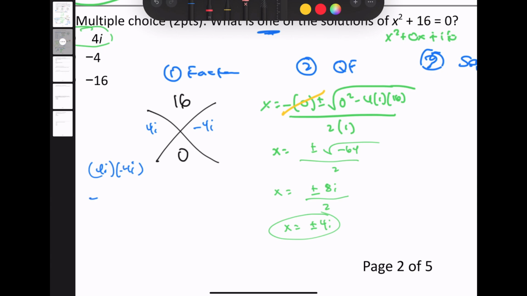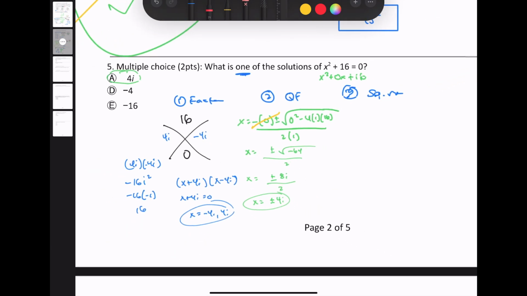So negative 4 times 4 is 16, and i times i is i squared. So that becomes positive 16. So you would get x plus 4i, x minus 4i, set those equal to 0, and solve. Same thing on that side, you'll get negative, positive.